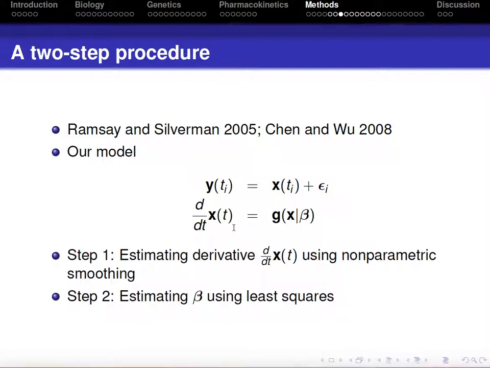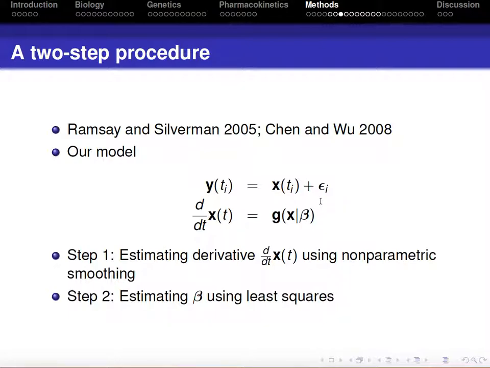In other words, if we treat this as a response, and we treat x as a covariate, this is a classic regression problem, right? The only problem here is that we actually don't know the derivative. That's the main problem.